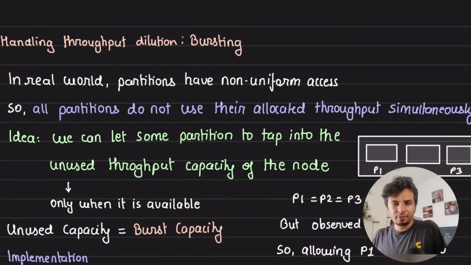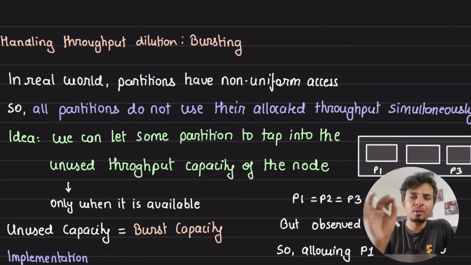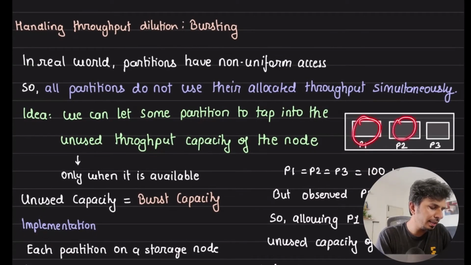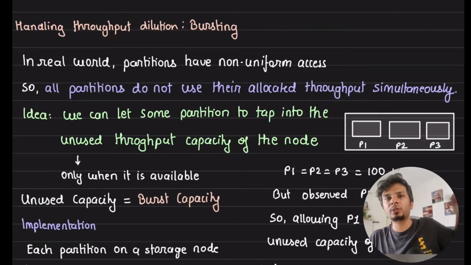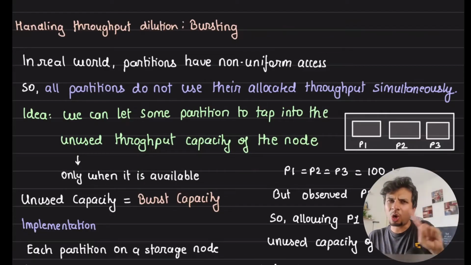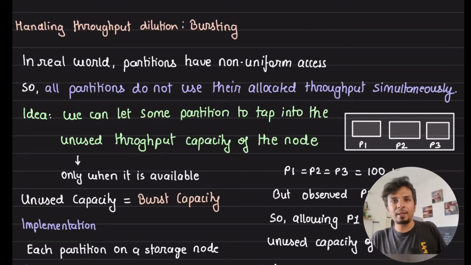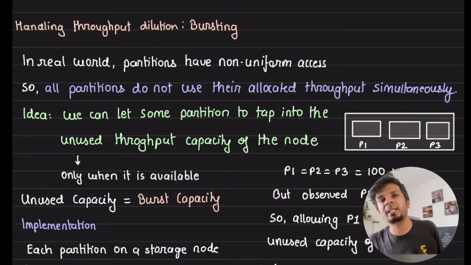So now if you look carefully, for a particular storage node, not just a table, some throughput, some capacity is allocated to each of the partitions. Not all partitions would use their allocated throughput simultaneously. For example, each of these partitions has 50 requests per second provisioned.